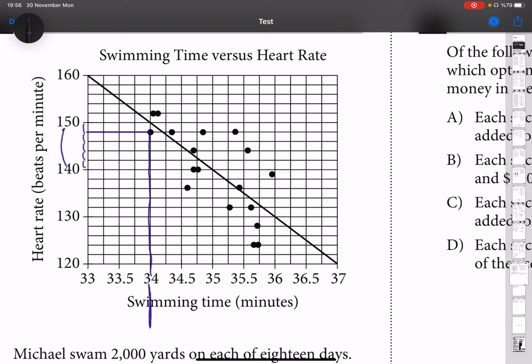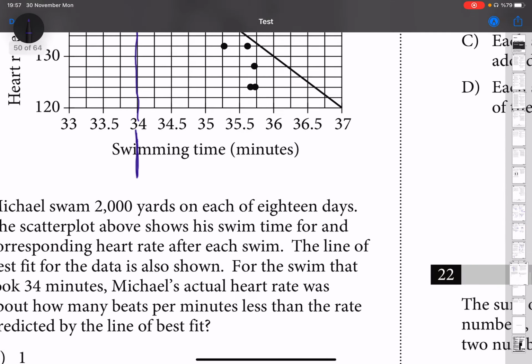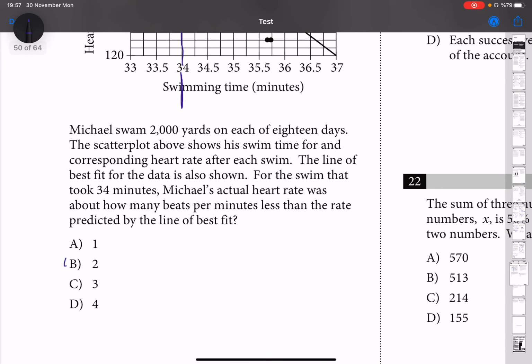There is 10 beats per minute, so 1 bar corresponds to 2 beats per minute. So this line is 148. The question asks the difference between the predicted one and the actual one. So the answer is 1 bar, which was 2 beats per minute. So the answer is B.